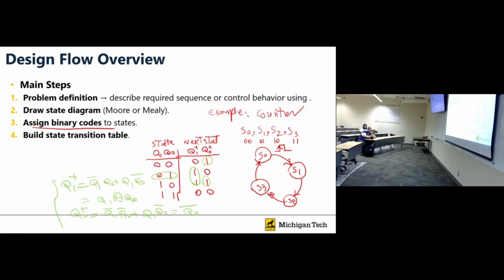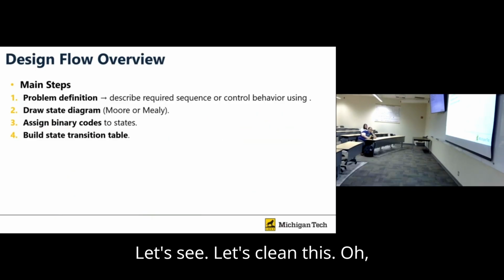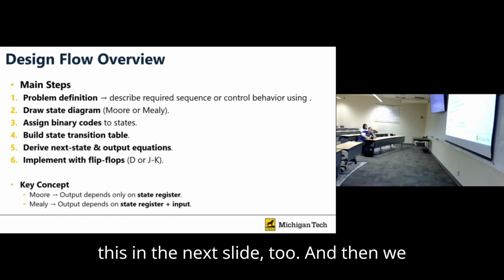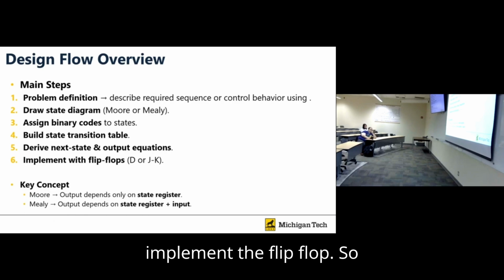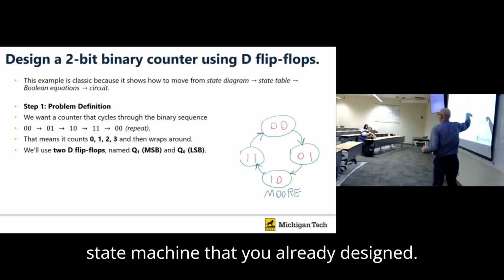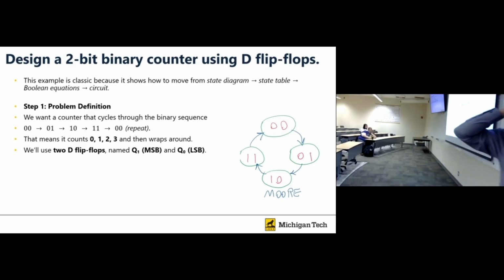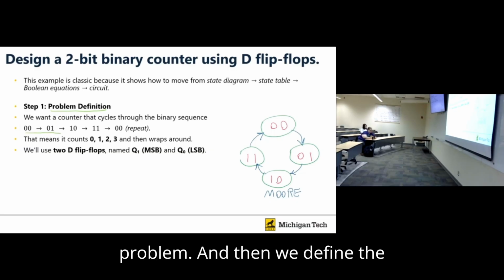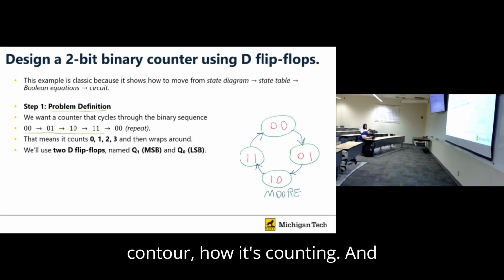What is the next? Let's clean this. Oh, okay. I have this in the next slide too. And then we implement the flip-flops. This is the state machine that you already designed. In step one, we define the problem, and then we define the counter, how it's counting.